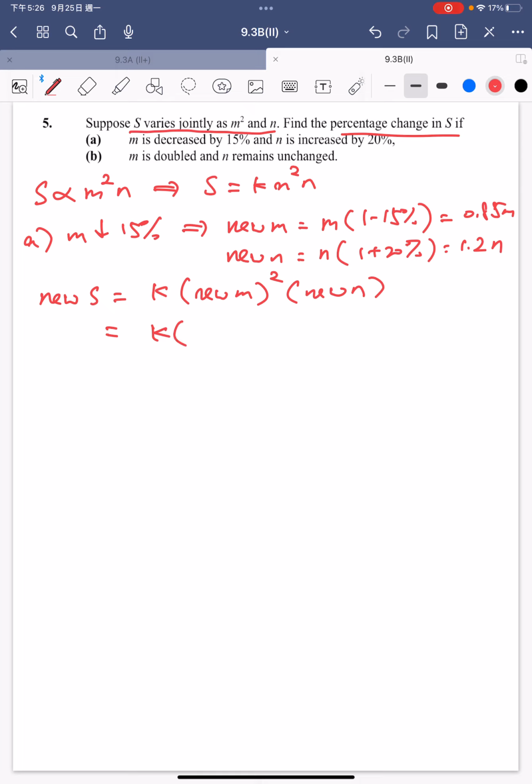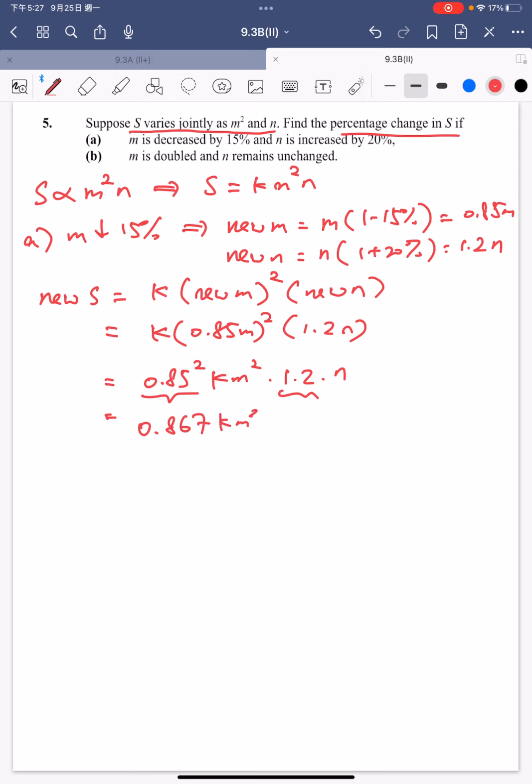Then we have k times (0.85m) squared times 1.2n. Some students just write 0.85 m squared, but actually this square will be distributed to both the 0.85 and the m, so we have 0.85 squared km squared times 1.2 times n. If we combine these two numbers, you can get the value 0.867 using a calculator. So we have 0.867 km squared n.